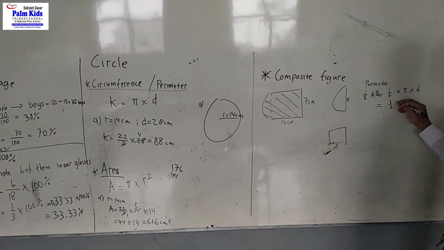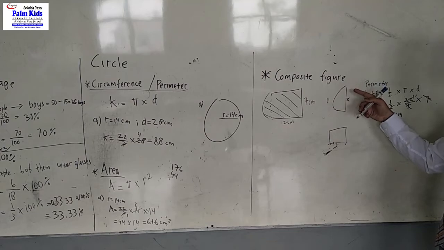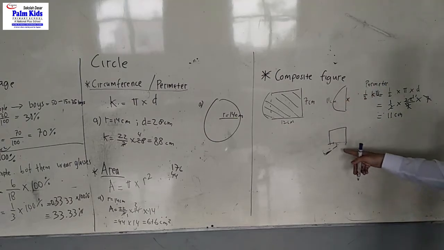So it's a half multiplied by 22 over 7 multiplied by 7. It is 11 centimeters. So the outside part of this half circle is 11 centimeters. Now, what about the rectangle?